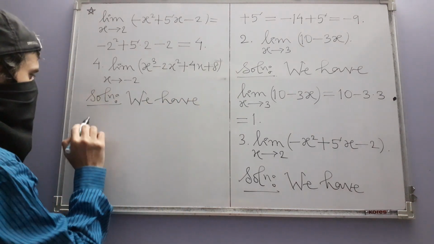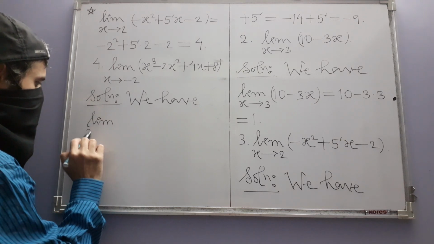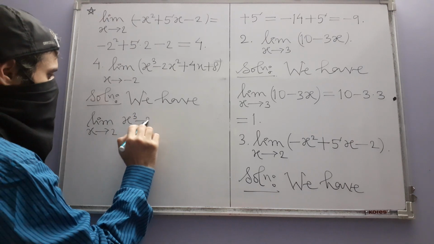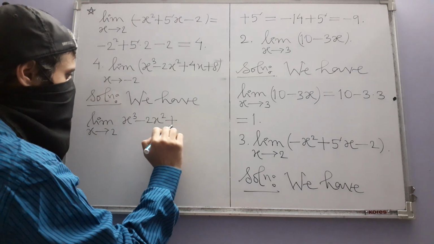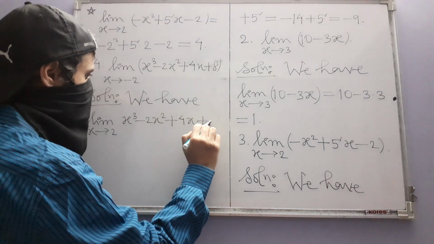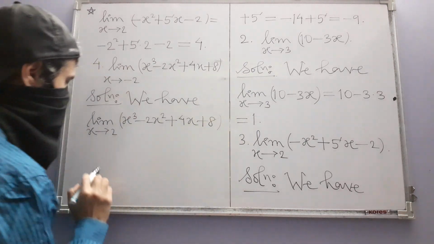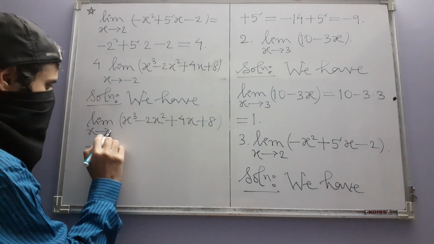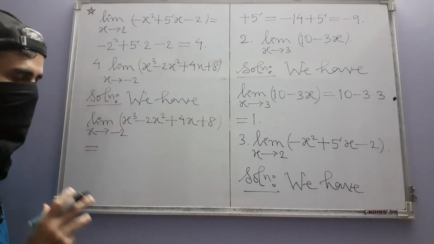We have x cube minus 2x squared plus 4x plus 8 equal to, oh, this is minus. See how easy it is to make mistakes.